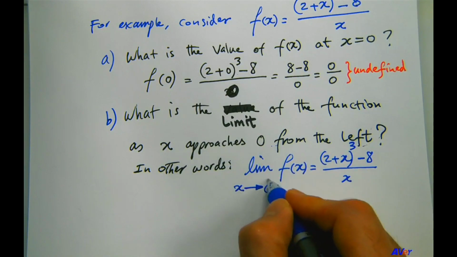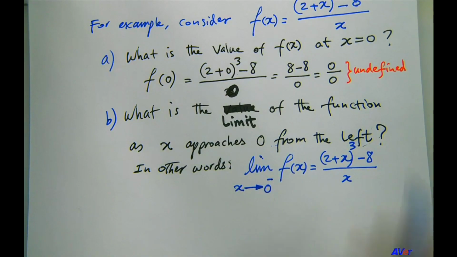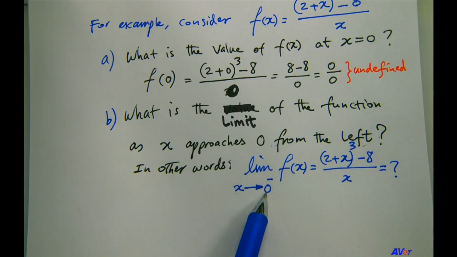So 0 minus, 0 from the left, like that. That's a question mark for us to answer. What is the limit of this function as x approaches 0 from the left?